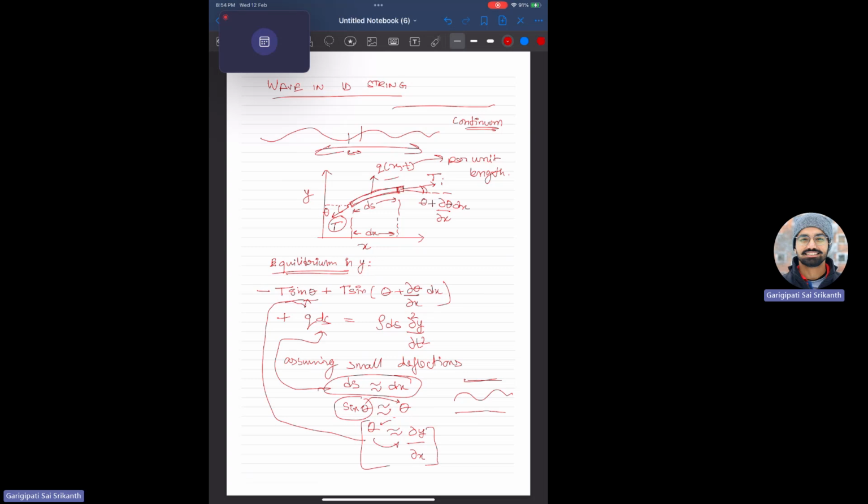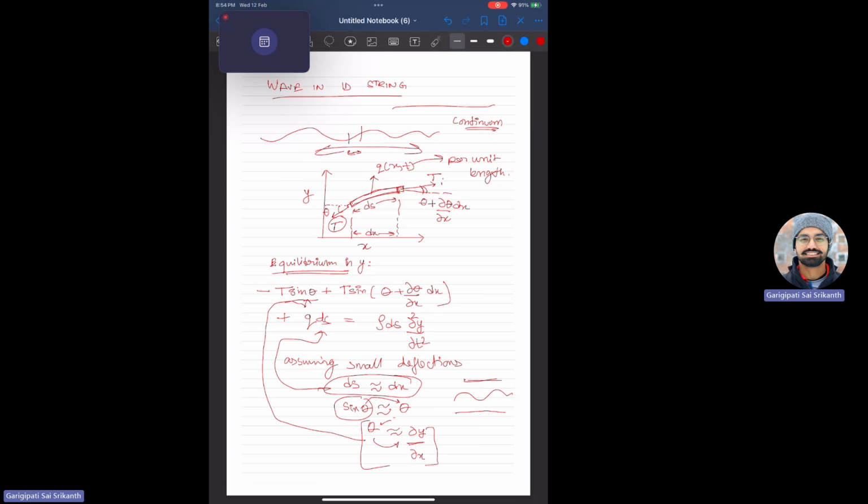So we make some assumptions, like the overall length is approximately equal to the x coordinate. Then we say that the vertical deflections are not high, so angles are small, so sine theta is approximately equal to theta. Then we can break it into dou y by dou x as the slope, since tan theta is approximately theta, so tan theta is dou y by dou x.